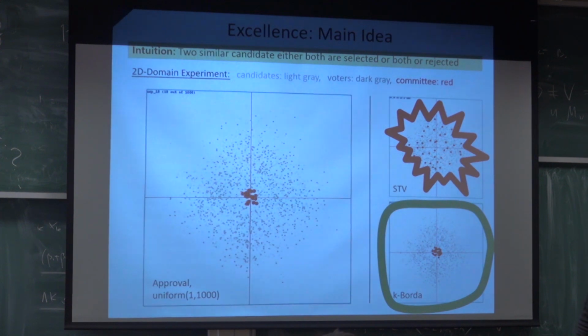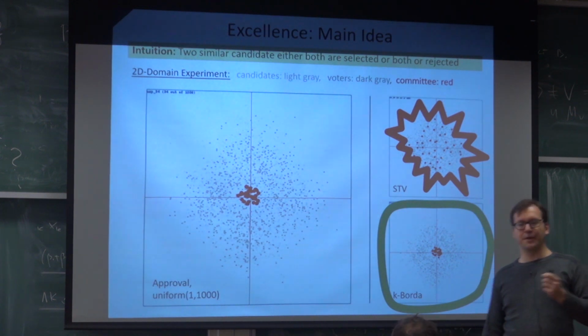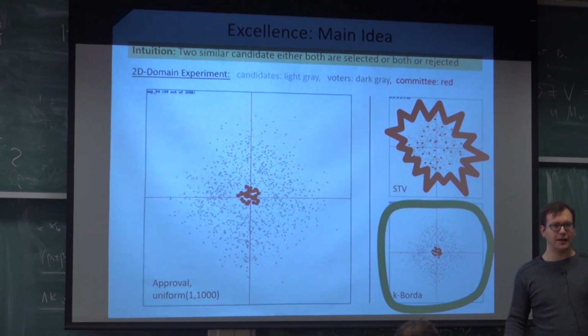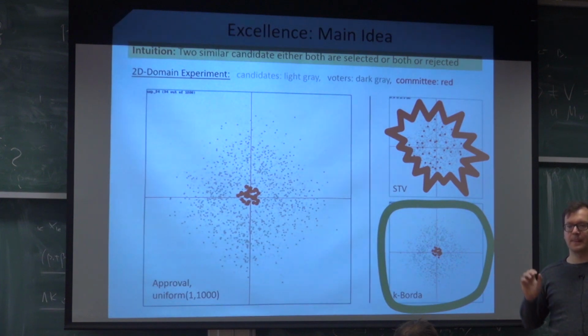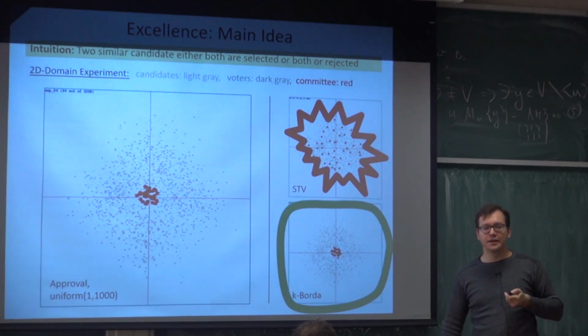And this of course gives exactly the same result as K-Borda. The reason why it gives exactly the same outcome is that it's pretty much the same rule. Because if you think about it, if every voter chooses the number of approved guys uniformly at random, then more or less the score that the candidate gets is actually proportional to the support he would get under K-Borda.